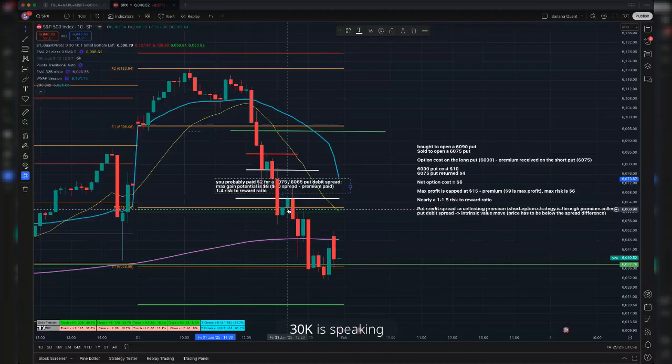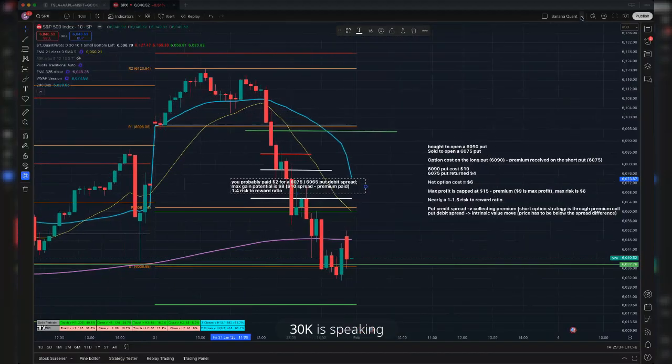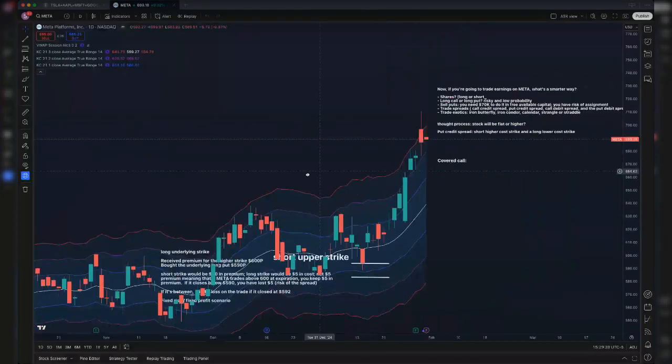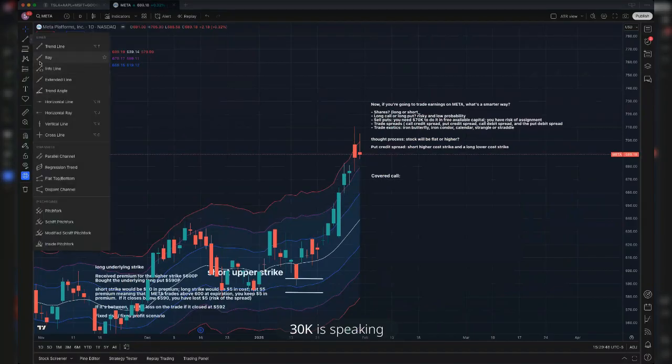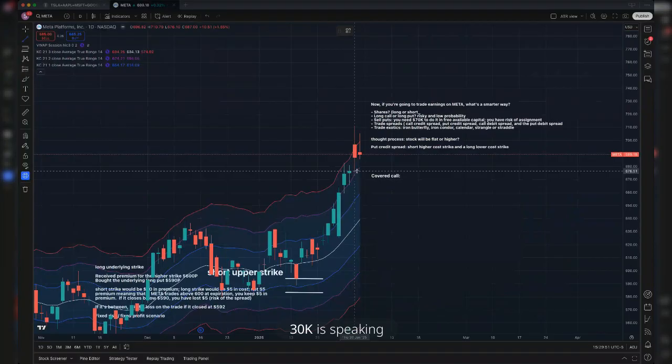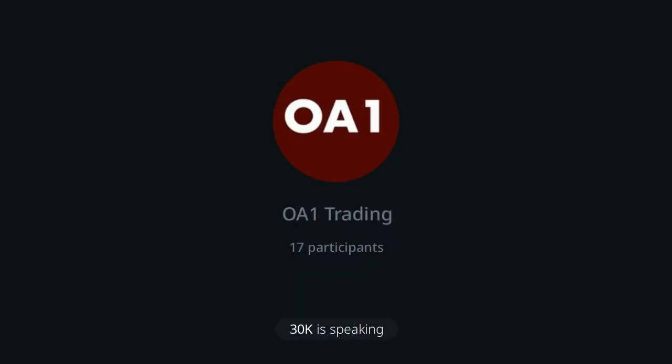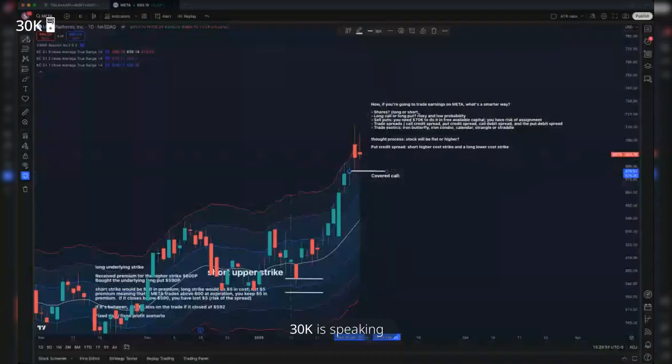Put debits and call debits are really useful for earnings plays as well, right? So if we go back to our Meta example, if we were buying an earnings play and we said we were going to buy a call debit spread, which is the opposite of it, and we were going to set a strike at 676, let's just assume that you can do 676 to 686, right?